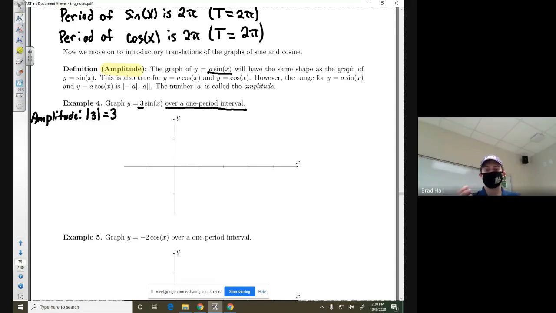But 3, what this tells us is what the top number is going to look like. And by making that negative, it tells us what the bottom number is going to look like. That's how the amplitude affects things. So if anything, we have that down. The next thing we identify is the period.